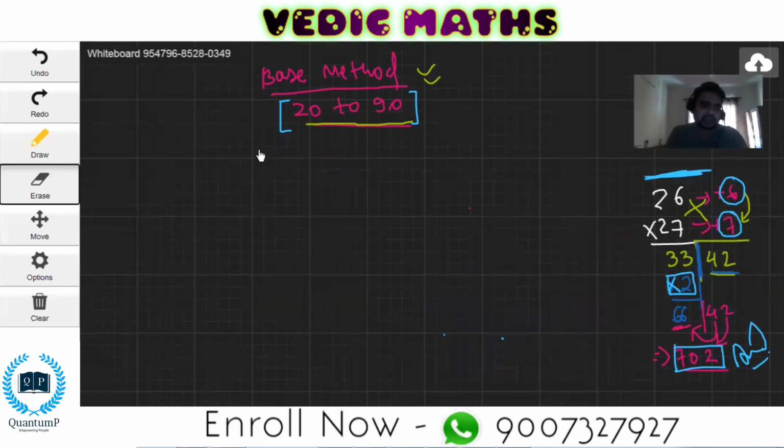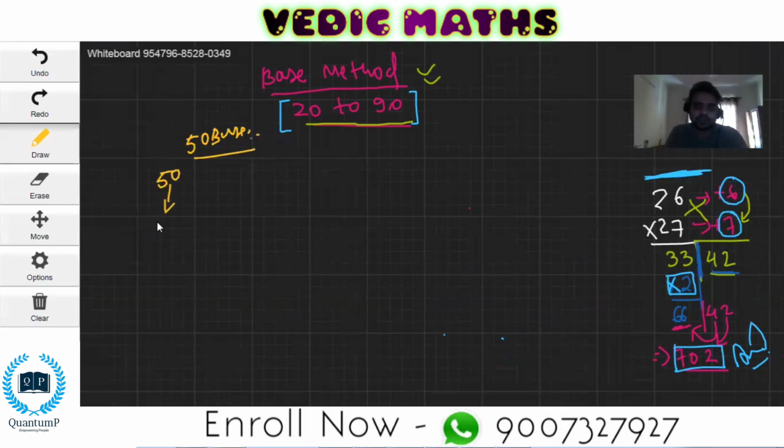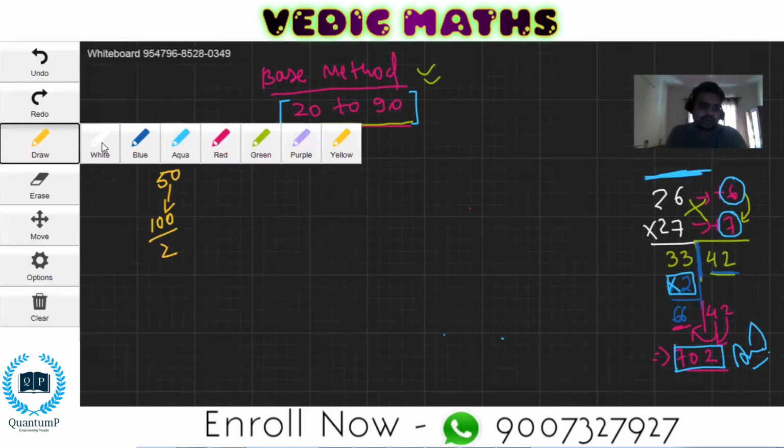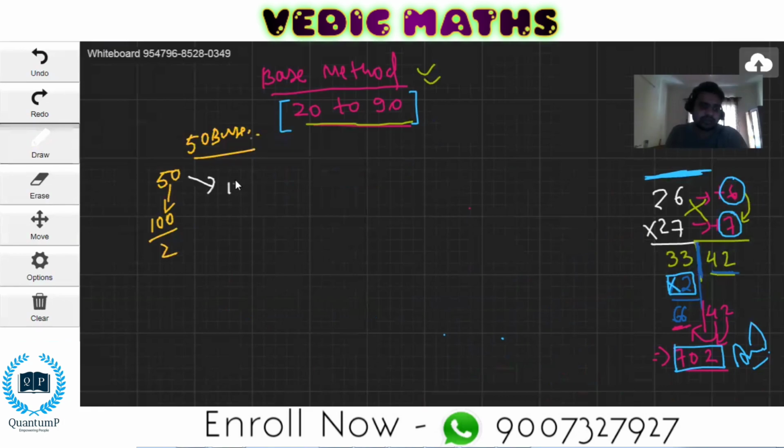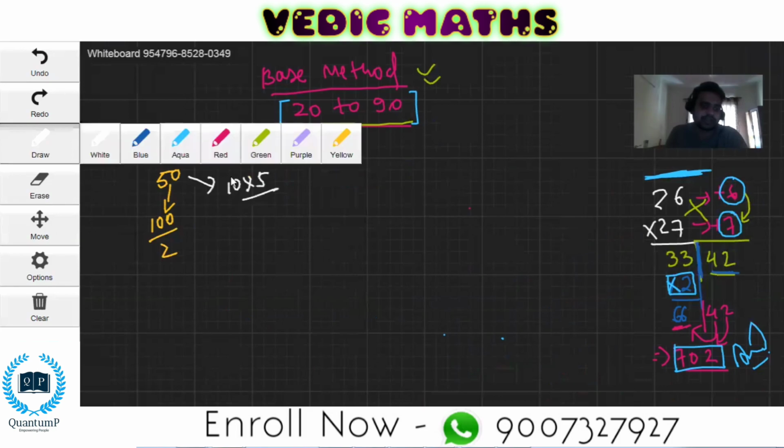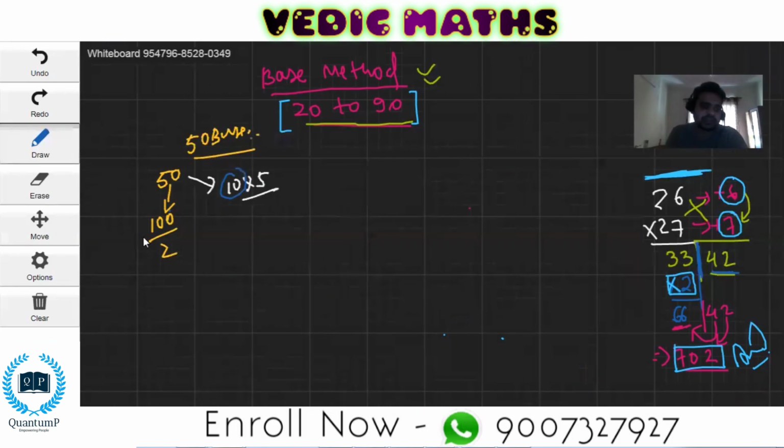Then let's see, suppose I'm doing 50 base. 50 can be achieved by 100 by 2 also, and you can get 50 by 10 into 5 also. It means that you can do it by 10 base also, and by 100 base also, both. So I'm showing you one sum at a time. Suppose you have this sum 42 times 48. You're doing it by 50 base.